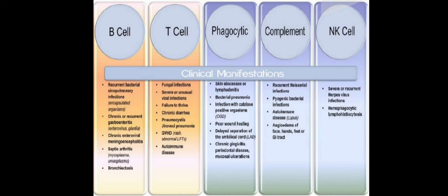Complement system defects present with recurrent Neisseria infection, pyogenic bacterial infection, autoimmune disease, and angioedema. Angioedema is particularly important regarding the complement system. NK cell defects present with severe or recurrent herpes virus infection and HLH.